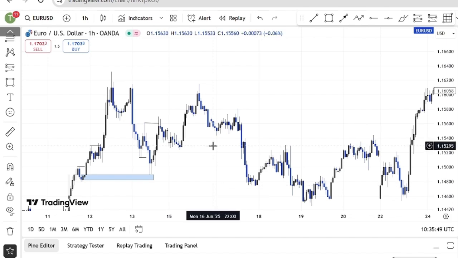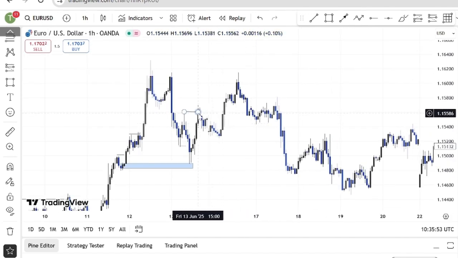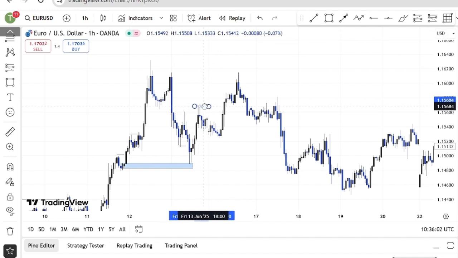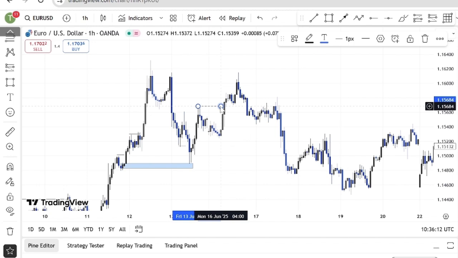Let me zoom out so you can see better. And what do you see? Market wicked above this point, which signifies that there is a transfer of the high to this point. So at this point, this is the high you want to see the market taking out to signify that you are now in an uptrend.